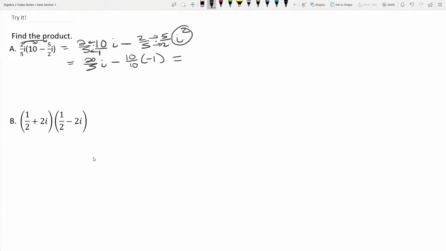So now 20 over 5 is 4. And then 10 divided by 10 is just 1. So we have ourselves a double negative here, so it becomes a positive 1. All right, now write it in standard form. So we got the real number first and then the imaginary part last.